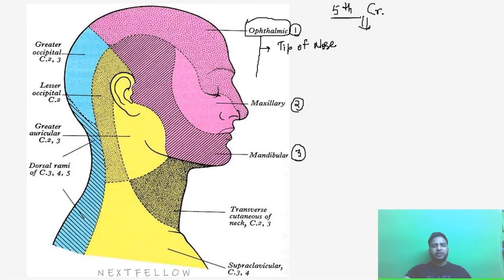So we'll draw a line. The line starts from the tip of the nose, going to the upper eyelid till the lateral canthus, then covering the parietal region, the parietal bone. So the areas are the forehead, upper eyelid, and tip of the nose, like the eyebrow, upper eyelid, tip of the nose, nasal dorsum.